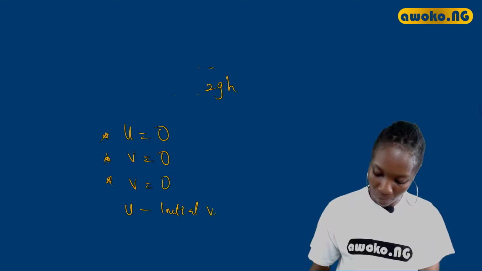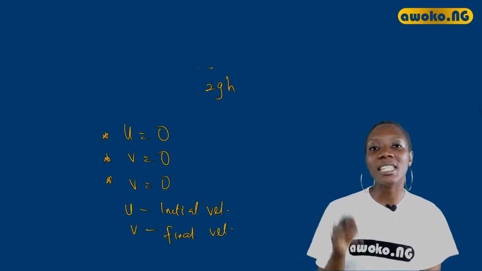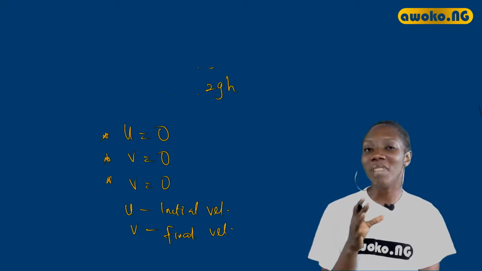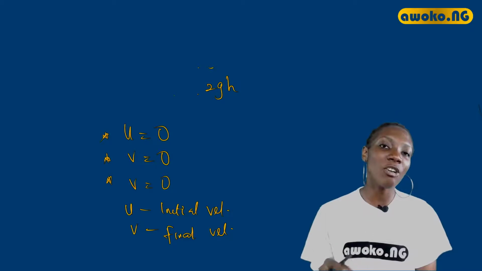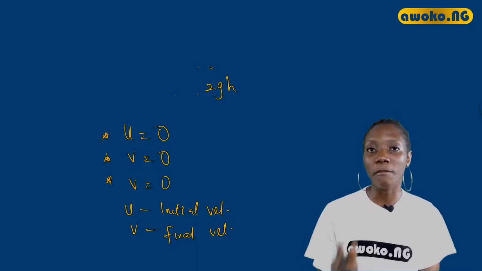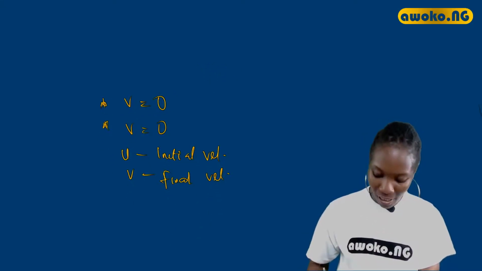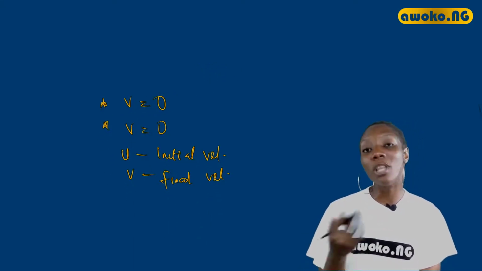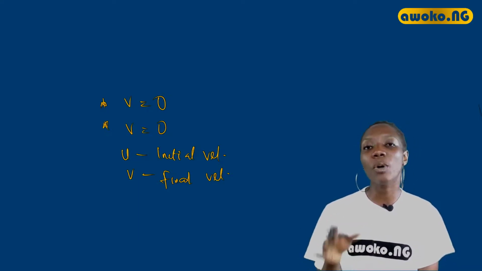Let me put that down. And v is the final velocity. So in this case, u is usually larger in magnitude, while the velocity attained at the end of the deceleration is treated as the final velocity v. And that final velocity in this case is always 0 again, unless otherwise stated, for a certain period of time before the body comes to rest.